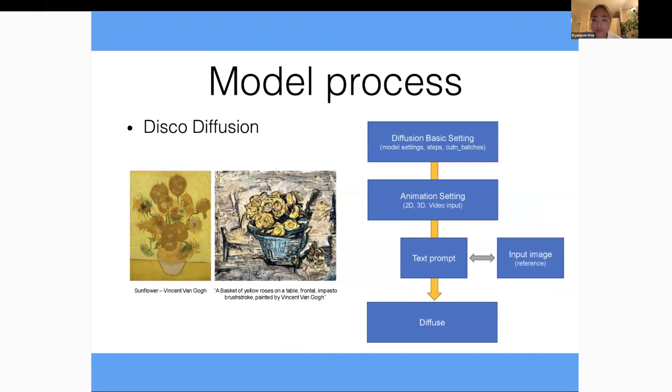This model was selected because it can output sequence images and images of various styles in one image. Disco Diffusion requires users to perform a total of 4 steps: setting values for AI models, setting animations, inputting text prompts, and the output, the process picture on the right side.